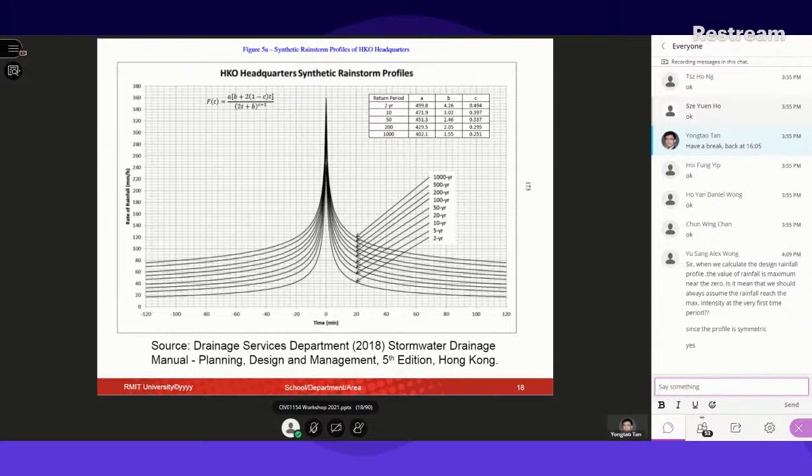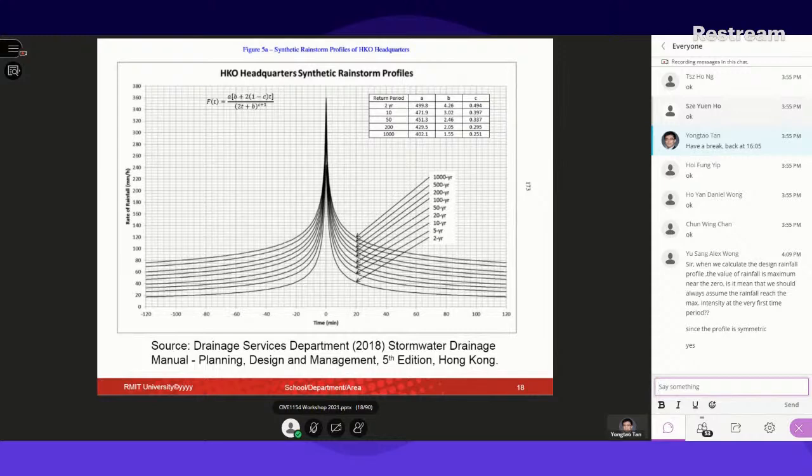If we know the return period, for example 2 years, normally we will take the value at 20 here, because it's symmetrical. Symmetrical means from the left it's minus 20 minutes, and on the right it's 20 minutes. So normally we take this value for this intensity. This is a synthetic rainstorm profile.